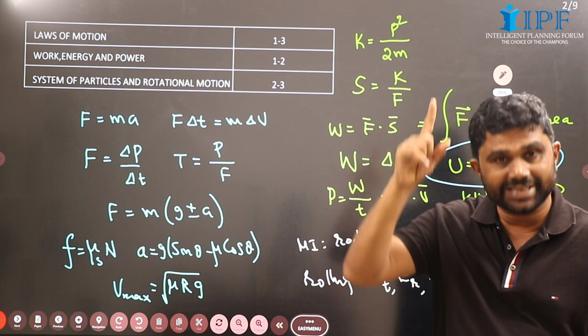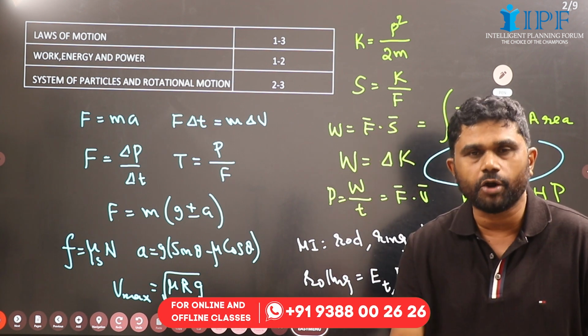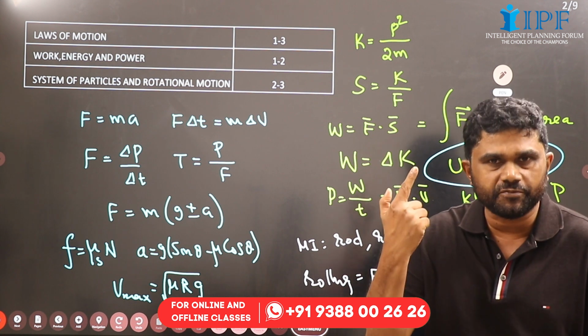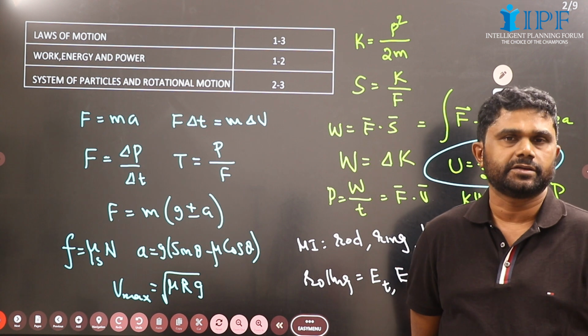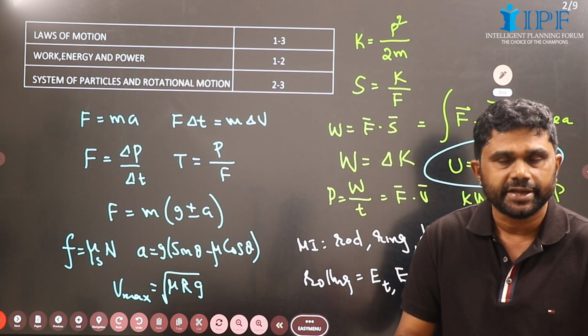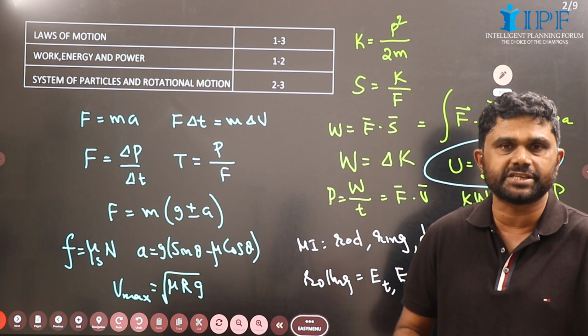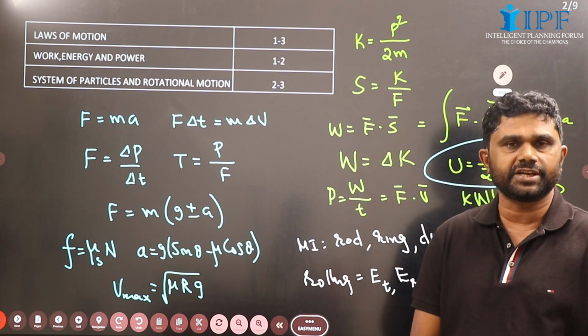M into g minus a upwards, mg downwards, which is more. Mg downward force is more because in the upward direction it experiences only m into g minus a. So the resultant force will be downwards. How much? Mg minus m into g minus a, that is ma. That is why it is going down with an acceleration a.